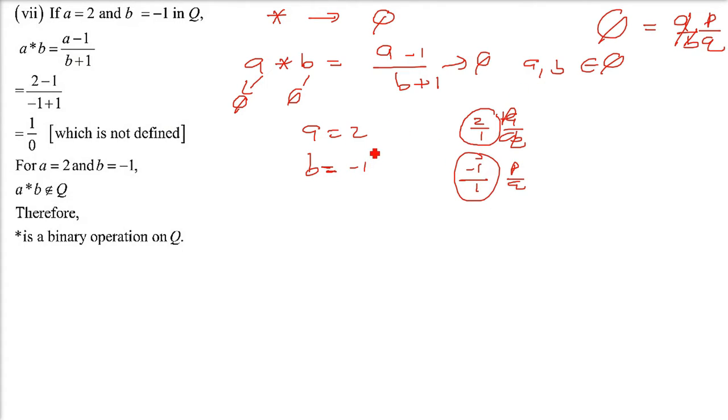Okay, when we take 2 and -1, because they both are coming from Q, we have to see whether (A minus B) by (B plus 1) is actually coming from Q or not. So 2 minus (-1) divided by B plus 1, where B is -1, so -1 plus 1. We have done this purposefully, knowingly, because the denominator is going to be zero, making it an undefined number. If I give you 3 chocolates and I say divide it in 3 parts, you will divide it.